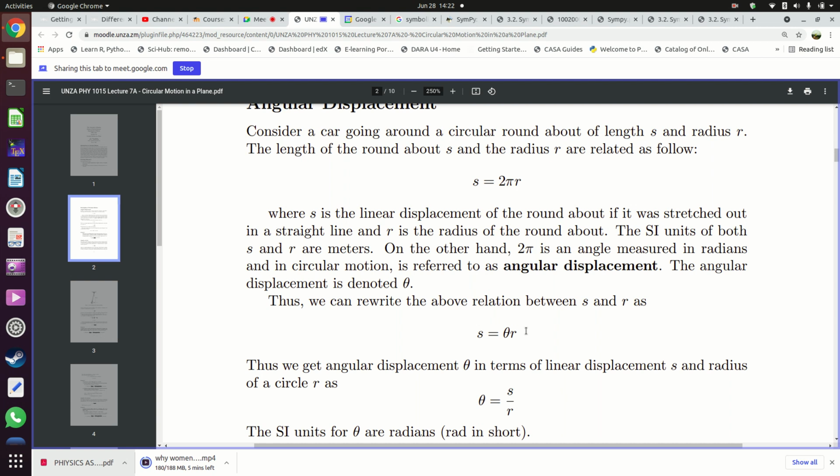The actual distance in meters which you move depends on the radius of the circle. Are we clear? The actual distance s depends on the radius of the circle, because you have to multiply the angle theta in radians times the radius, how far you are from the center of the circle. Are we clear?